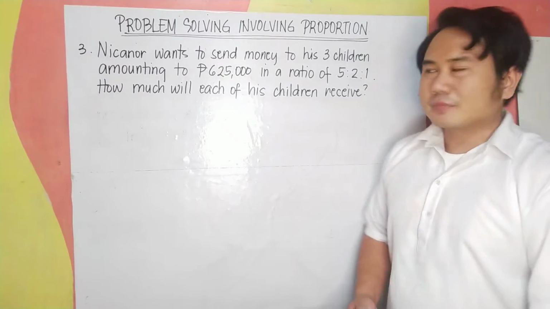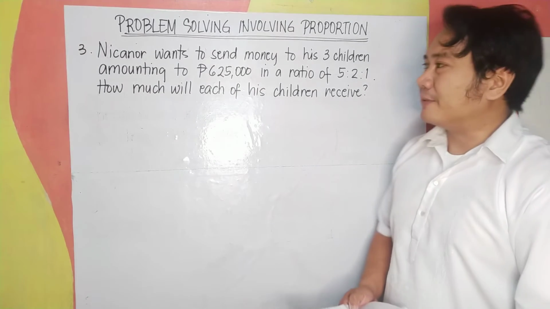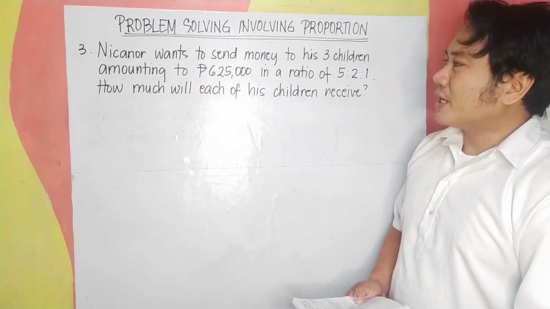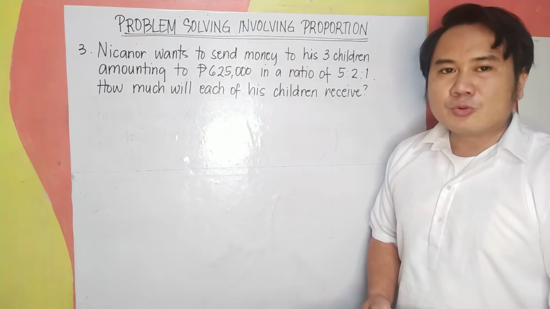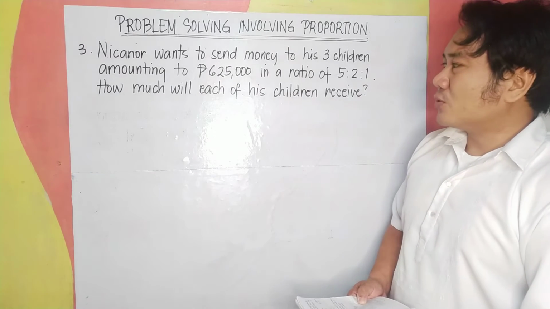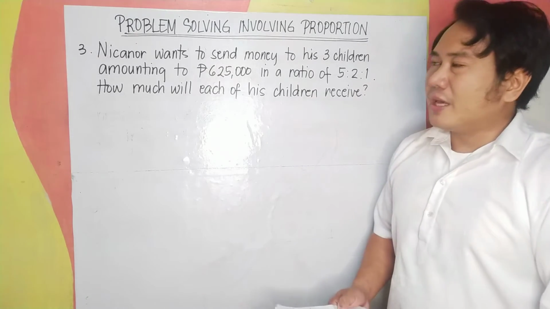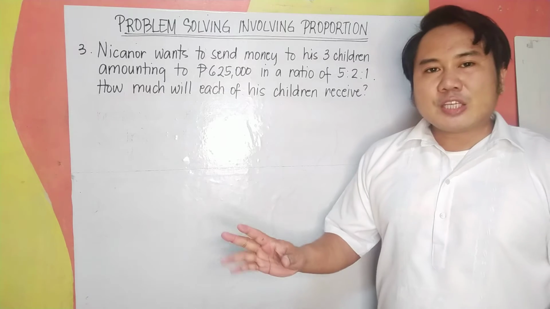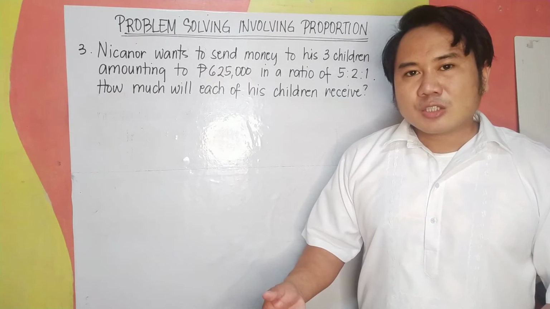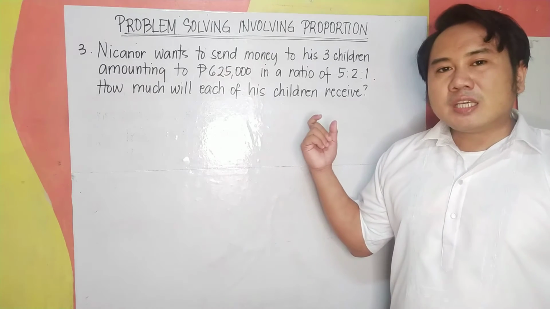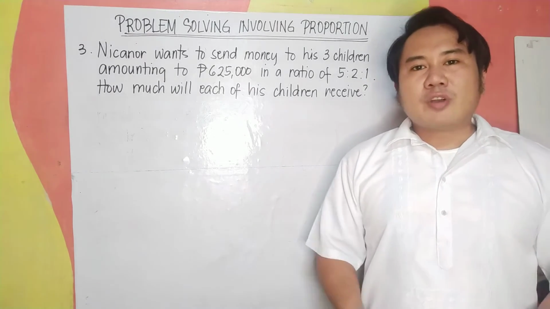Number 3. Nicanor wants to send money to his 3 children amounting to 625,000 pesos in a ratio of 5:2:1. How much will each of his children receive? In this problem, para malaman natin yon, we are going to add a variable x to each quantity, and then we will add the quantity and then solve for x later on.